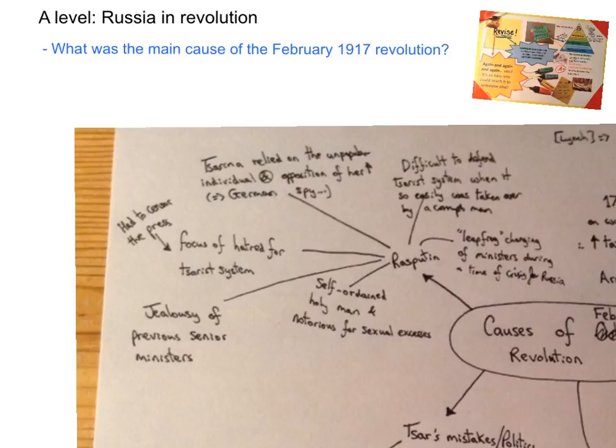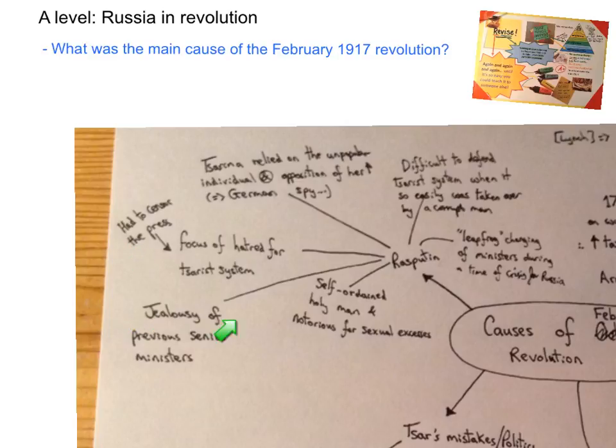Rumours spread about his sexual encounters with both the Tsarina and her daughters, which did no favours for them. And it gave a focus of hatred for the Tsarist system. People had something to focus their dislike on. It was so bad that they had to censor the press, so that stories weren't necessarily escaping about this.